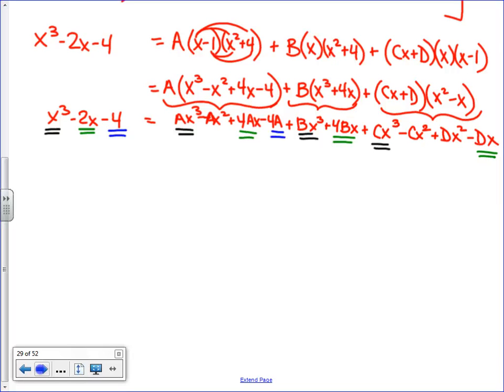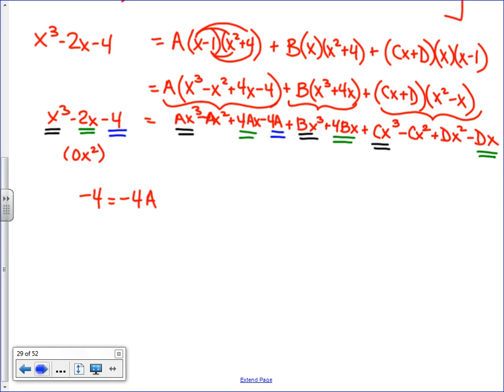What's going to happen with my x squareds? What does it equal? 0, right? So I have to set up equations. Let's start with constant. So negative 4 has to equal what? Negative 4a. That's going to be nice, right?